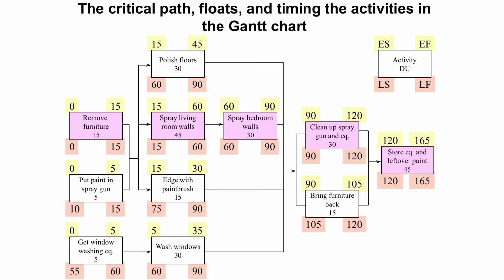For example, if we take from this picture below the wash windows activity, we have the latest finish 90 and latest start 60, and we have the earliest start 5 and earliest finish 35. And we have a float of 55: 90 minus 35 or 60 minus 5.